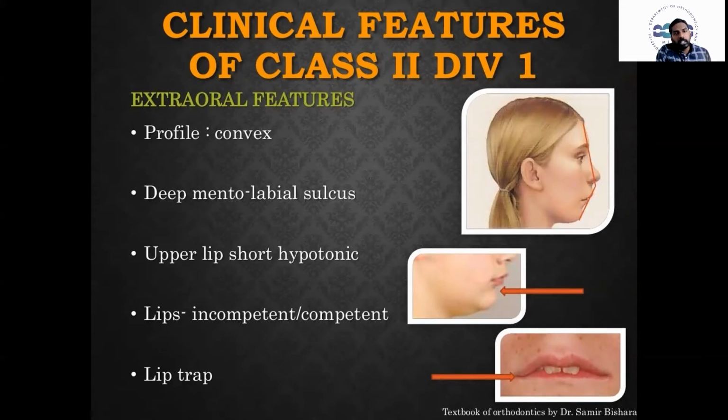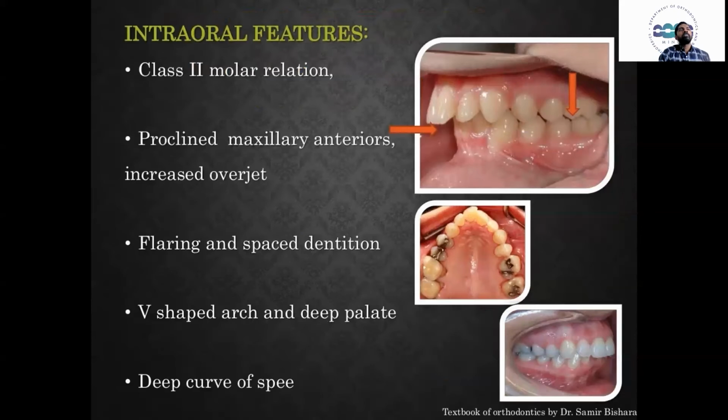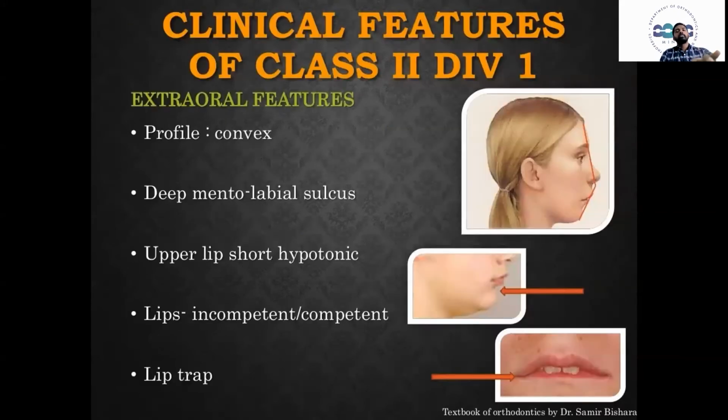And because of this increased overjet, the patient tends to place the lower lip between the upper and lower incisors, which we can call a lip trap condition. Lips may be incompetent or competent in this situation.